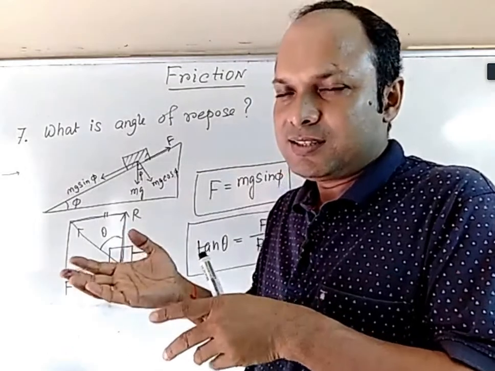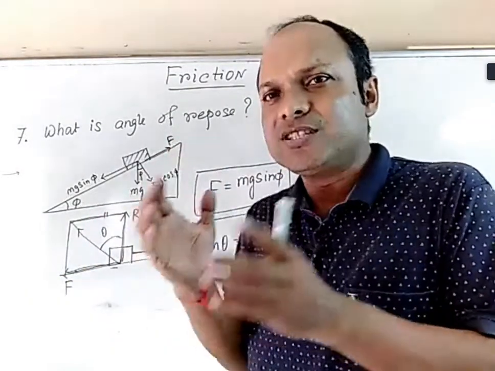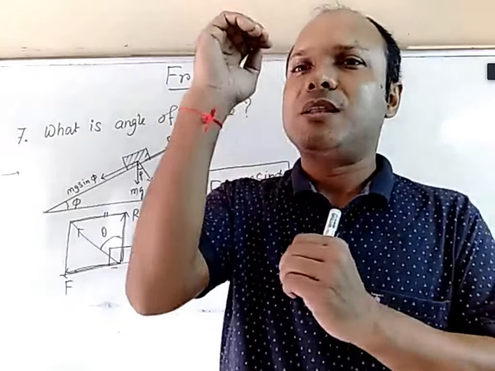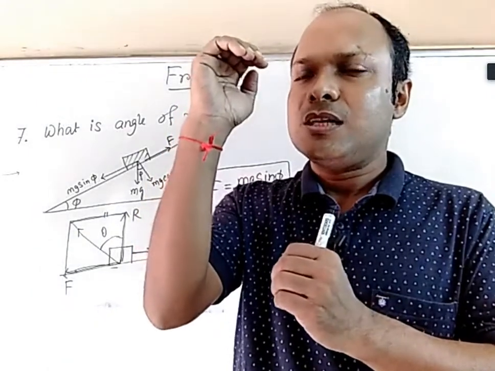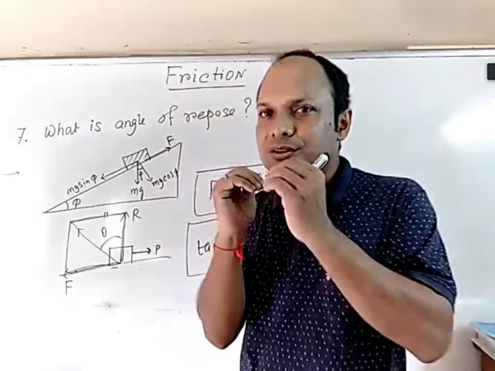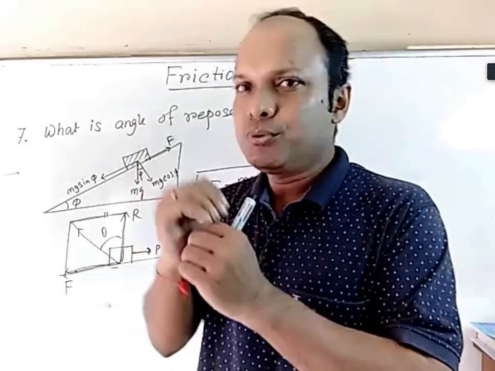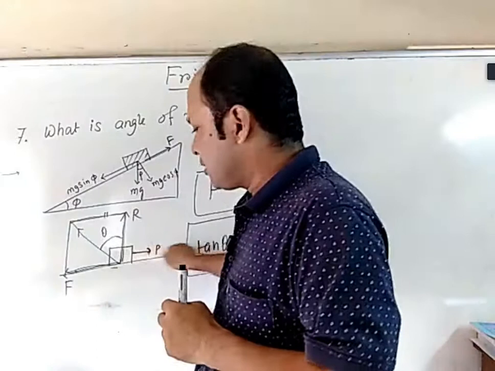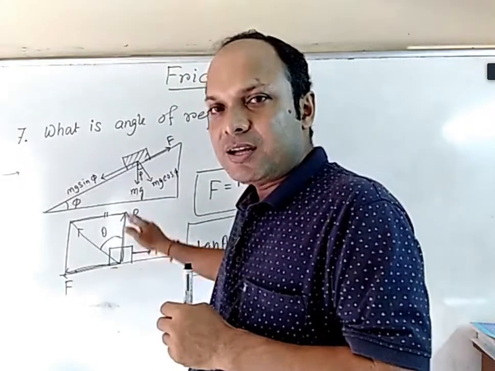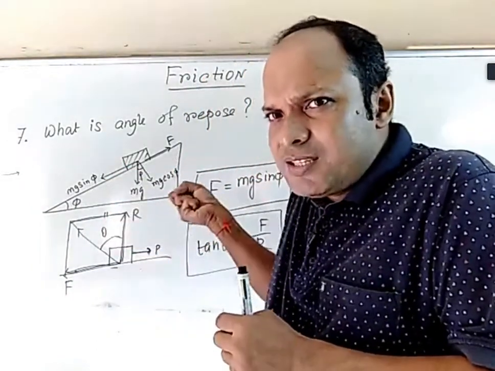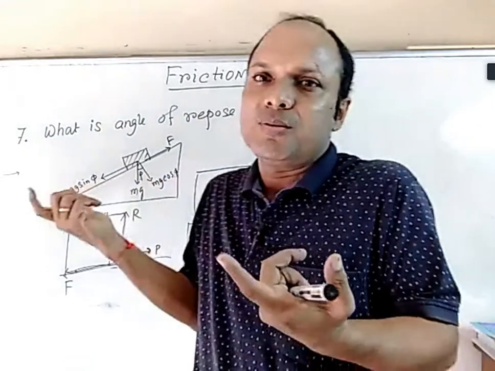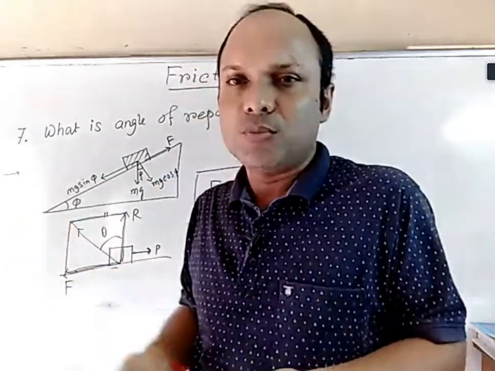This is the highest value up to which the static friction can develop. That means the static friction reaches its maximum value up to which the object remains in static condition. After that, whenever you increase your force, the object will be in motion.